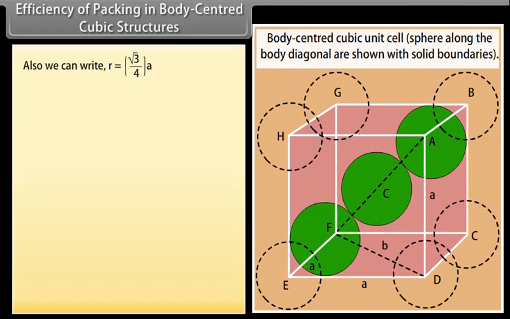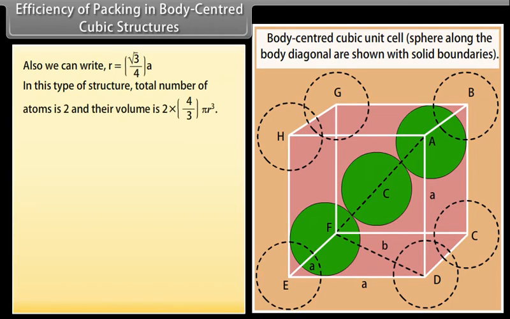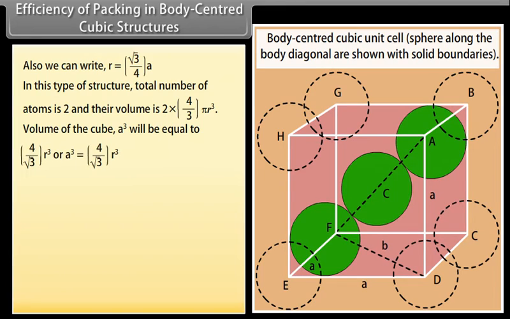In this type of structure, the total number of atoms is 2 and their volume is 2 into 4 upon 3 pi r cube. The volume of the cube, a cube, will be equal to (4 upon square root 3 r) cube.